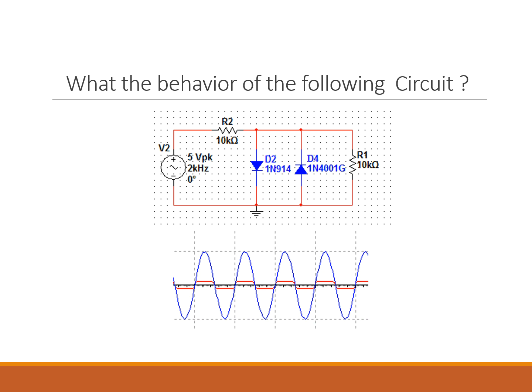It conducts once the input drops below approximately negative 0.7 volts. So the output is therefore clipped at negative 0.7 volts since it's in parallel with the resistor. So the final output waveform, the sine wave, gets flattened at the top and the bottom. And this is a classic dual clipper or limiter circuit.